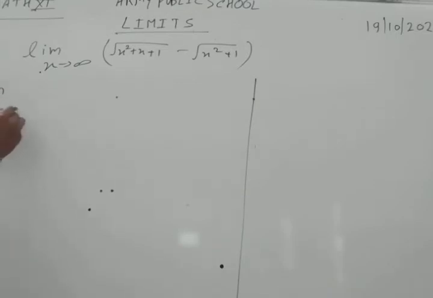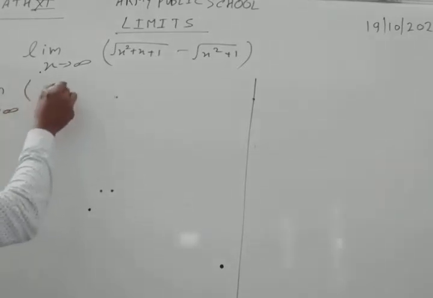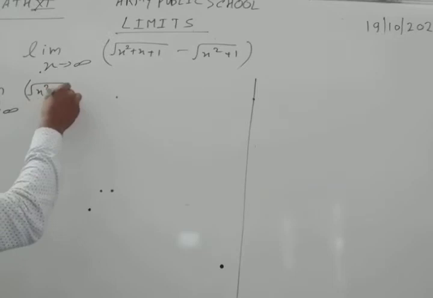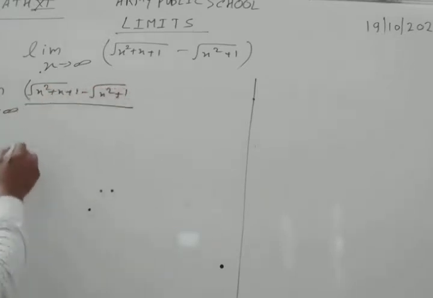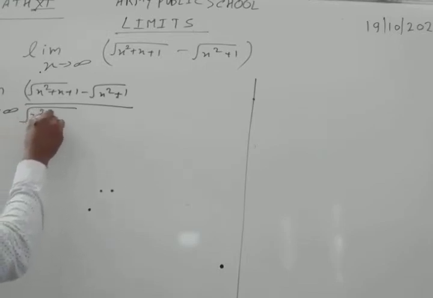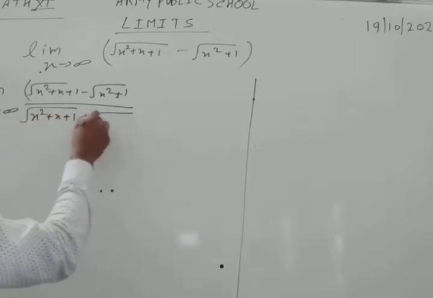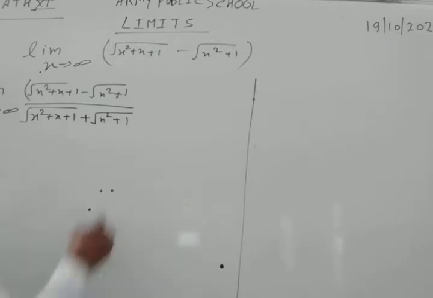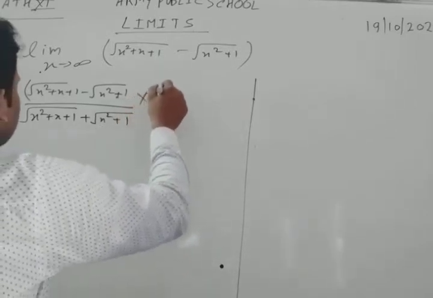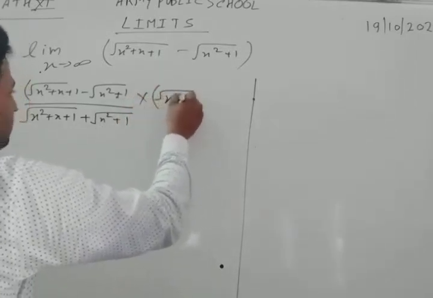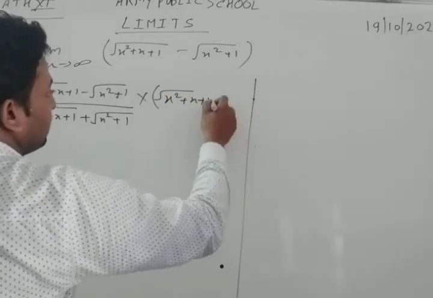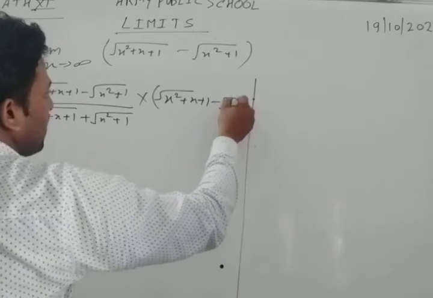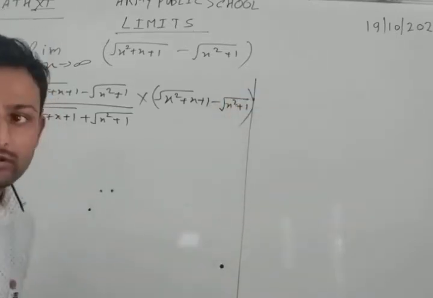Limit x tends to infinity, under root (x square plus x plus 1) minus under root (x square plus 1), multiplied by under root (x square plus x plus 1) plus under root (x square plus 1), upon the same, under root (x square plus x plus 1) plus under root (x square plus 1).